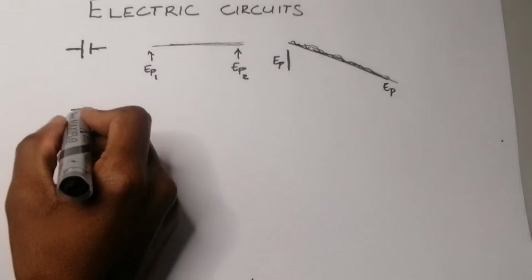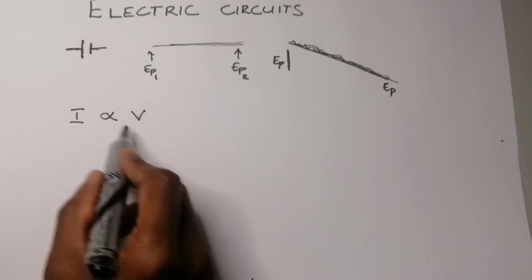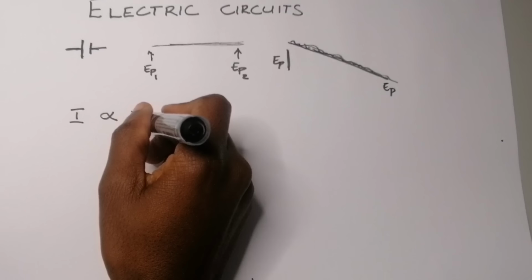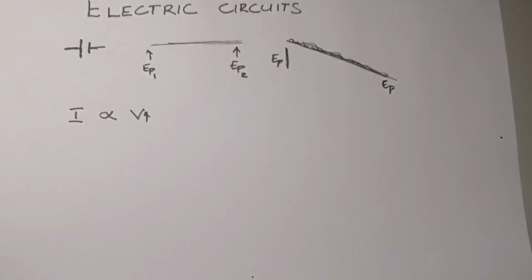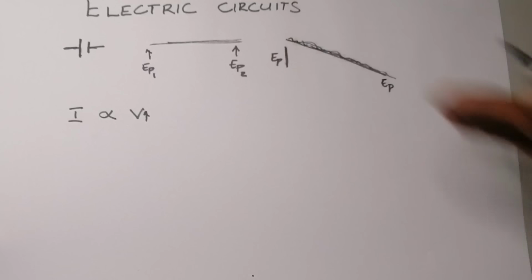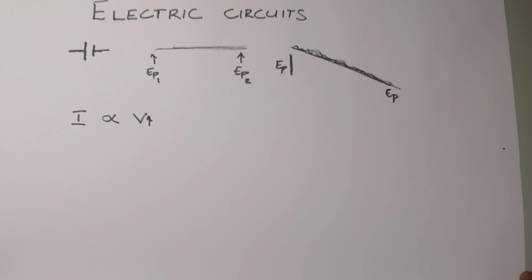Ohm's law simply said the current across a conductor is directly proportional to the potential difference. What does that mean? It means the greater the potential difference, and I'm going to actually show you in terms of this, right? You agree with me that the steeper the surface is, the more current will be able to flow, the more water will be able to flow.